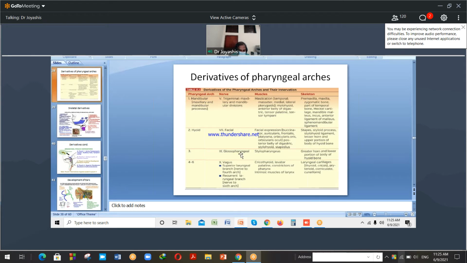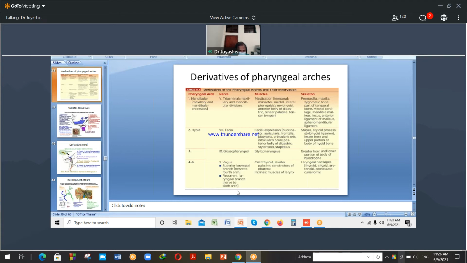From the third arch, the nerve is the glossopharyngeal, the 9th cranial nerve. The muscle is the stylopharyngeus. From this develops the greater cornu of the hyoid bone and the lower part of the body of the hyoid bone. For the fourth and sixth arches, the nerves are the superior laryngeal branch of the vagus, the 10th cranial nerve, and the recurrent laryngeal branch of the vagus.